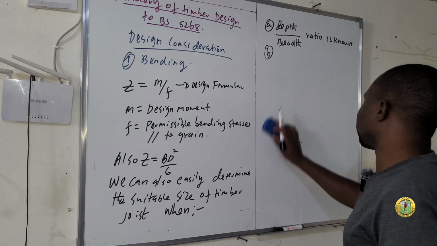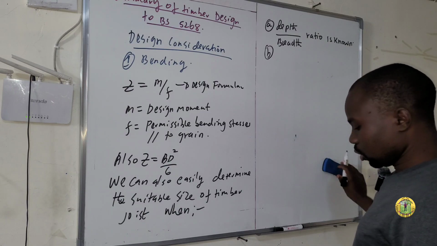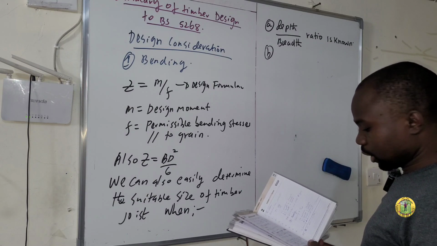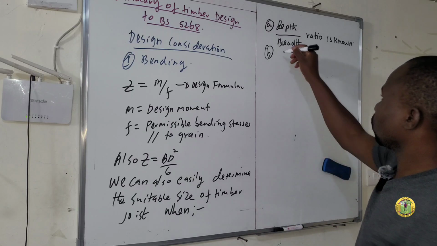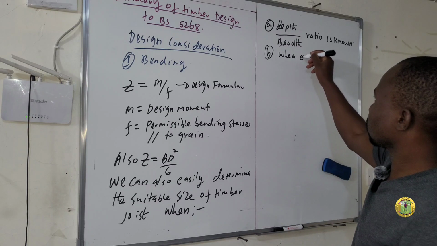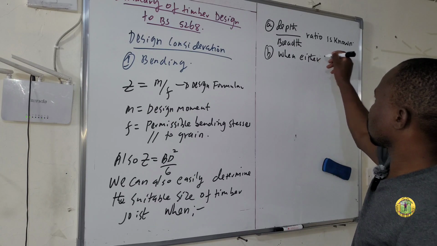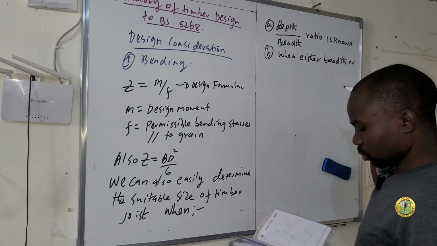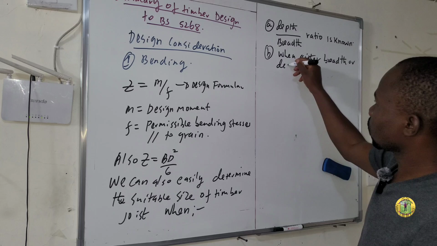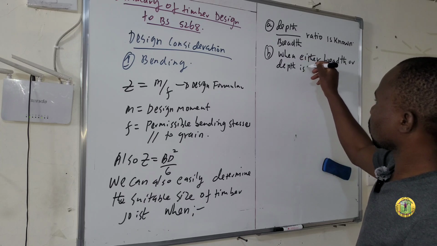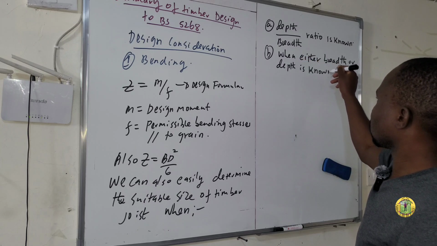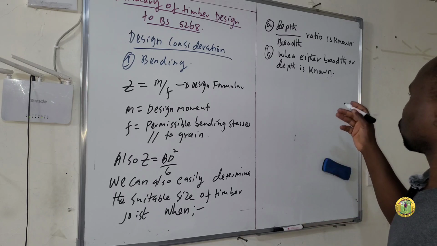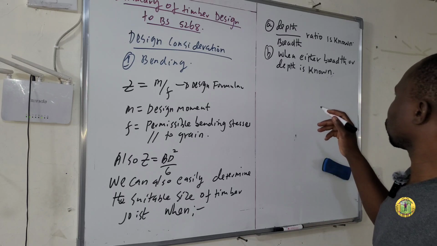So we proceed to the second case, when either breadth or depth is known. You can be given a question with a known breadth.